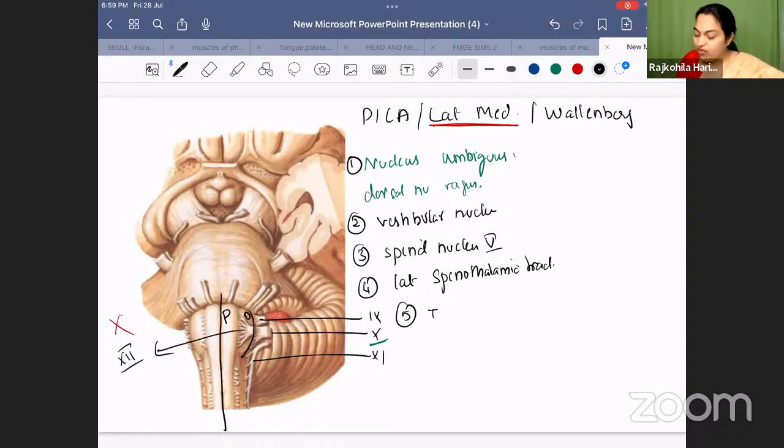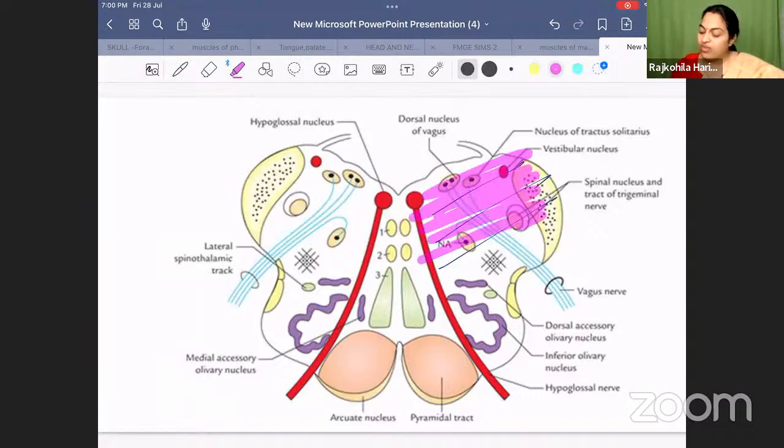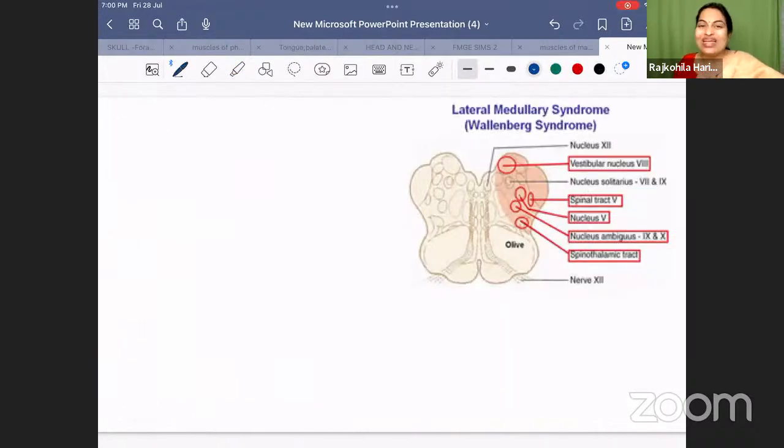And of course, the inferior cerebellar peduncle. So these are the 5 structures involved in the lateral medullary syndrome. So this posterolateral zone of the medulla is supplied by the postero-inferior cerebellar artery, occlusion of which leads to lateral medullary syndrome or the Wallenberg syndrome.